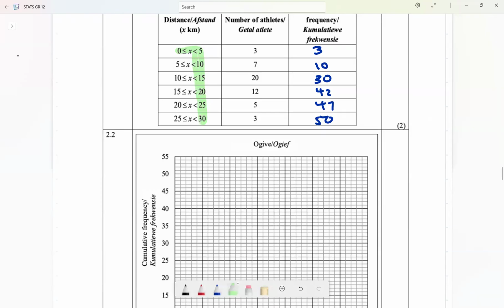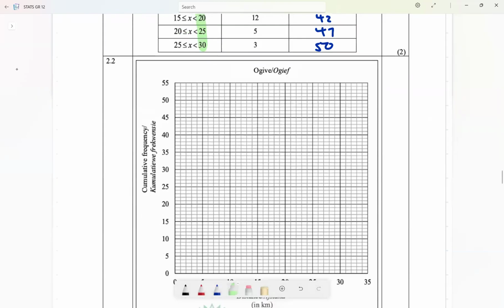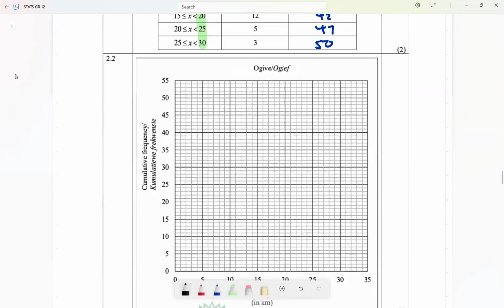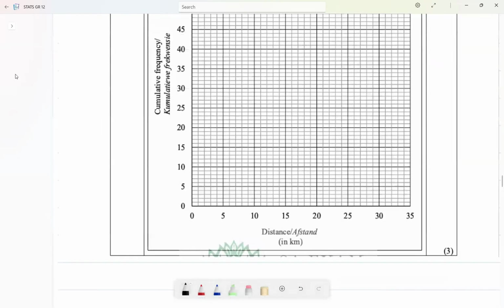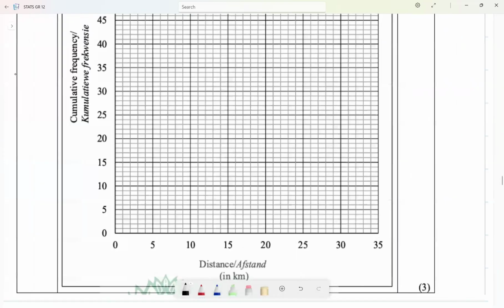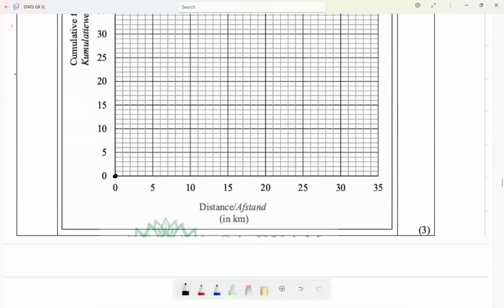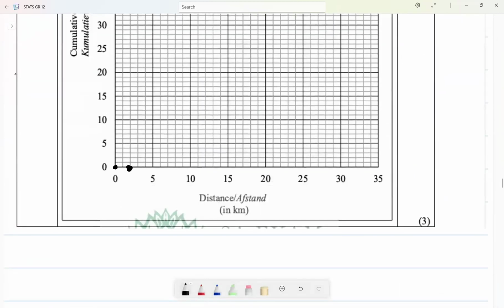Always, 0, 0 will be your ground. What do I mean it will be your ground? It will be your point here, 0, 0. If the number here was 2, it means on the distance, we would have grounded at 2.